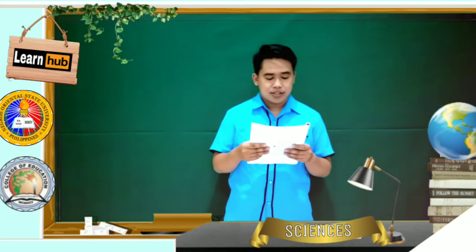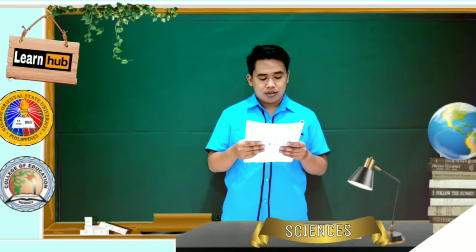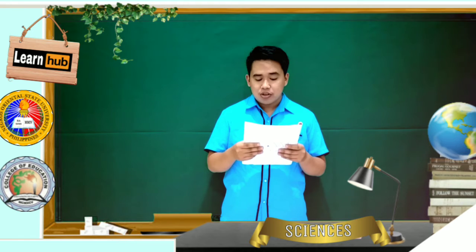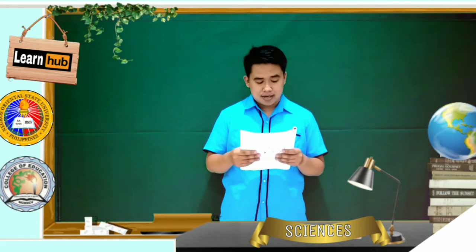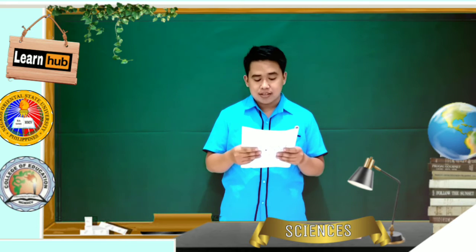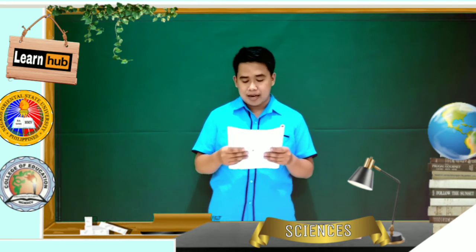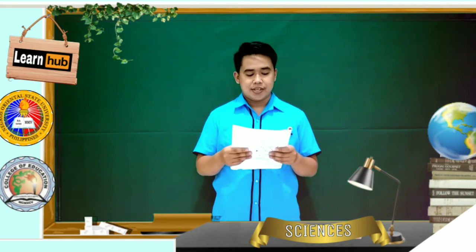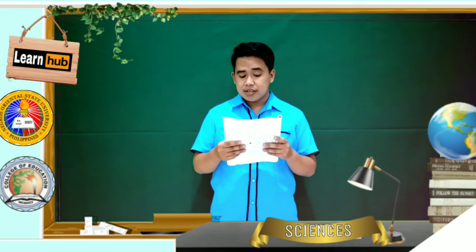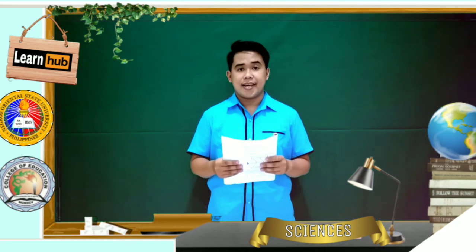For our fourth question, when the stresses get too large, it results in cracks called blank. Again, when the stresses get too large, it results in cracks called blank. For our number 5 question, blank measures the energy being released from the origin of the earthquake.